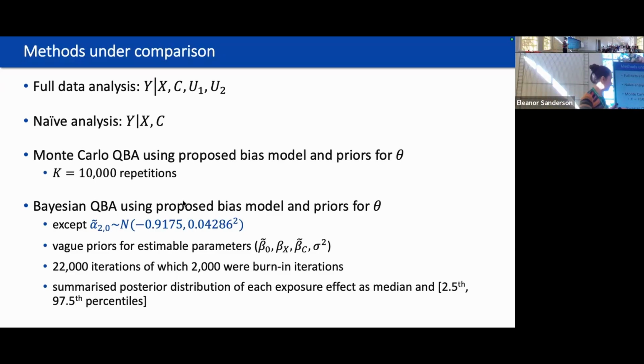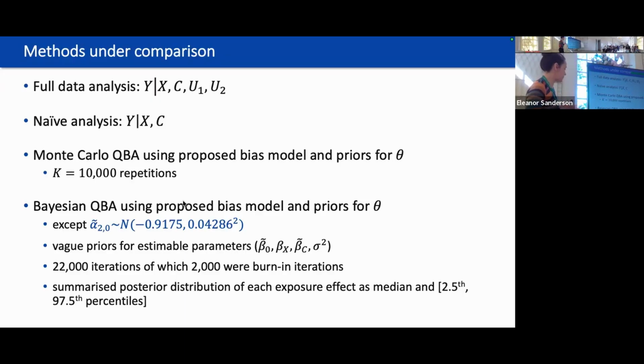So instead, we directly put a prior on the intercept term used to derive the proxy variable for U2, and we made sure this was equivalent to our prior on the prevalence term. We also specified vague priors for the parameters that we estimate when we fit the model to the data. In the analysis of interest, that's the intercept term, the exposure effect, the coefficients of the measured confounders, and the residual variance term.